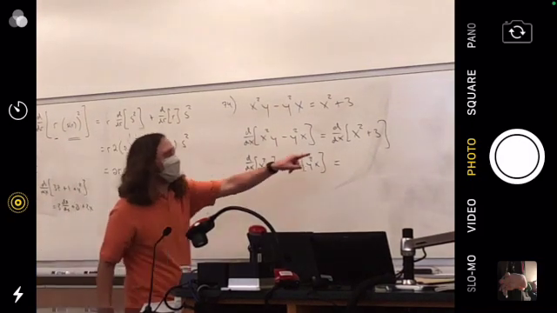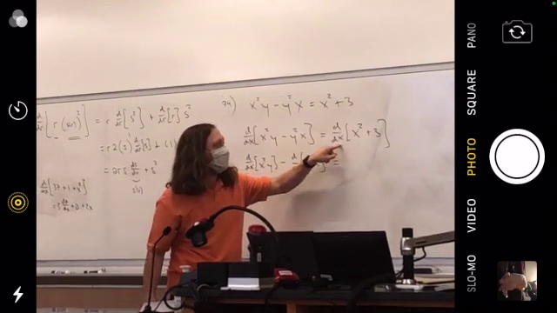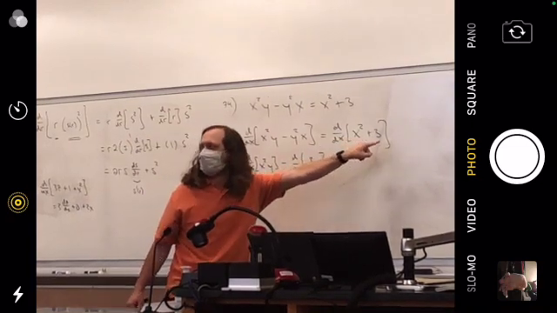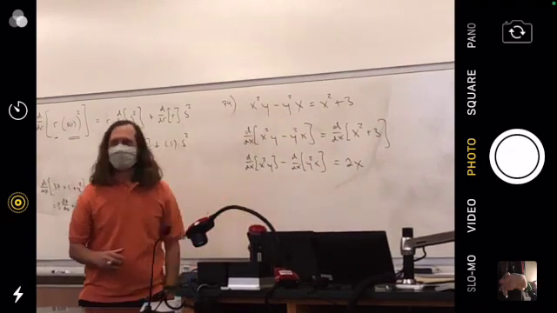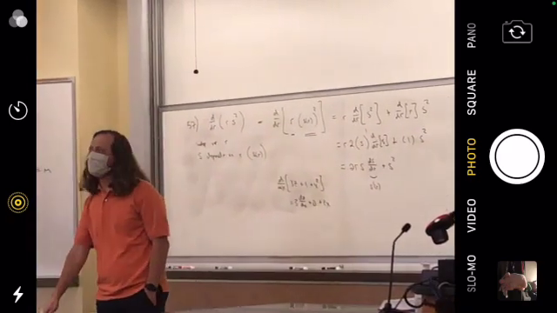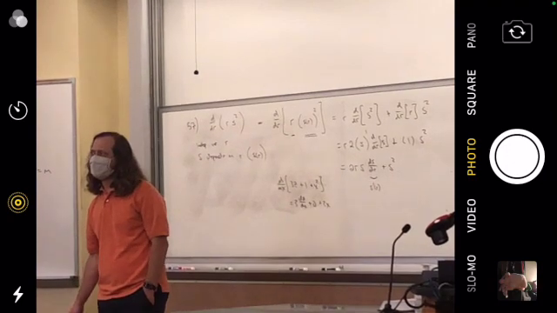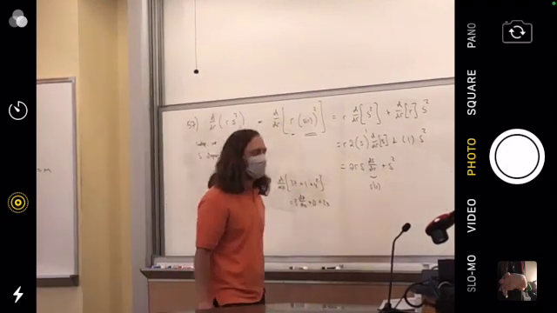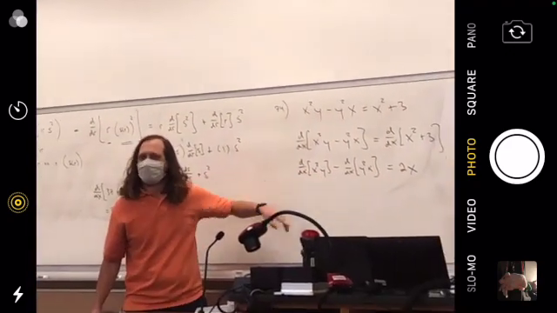My variable is x. I don't have any y's floating around here. If I want to take the derivative with respect to x, I have x squared, do a power rule, I have 3, that's constant. This derivative would just be 2x. As long as the variables match up, this is what we know how to do. That is like when you say f of x, find f prime of x. It's when the variables don't match up, when I get these combinations, that I have to be more careful.